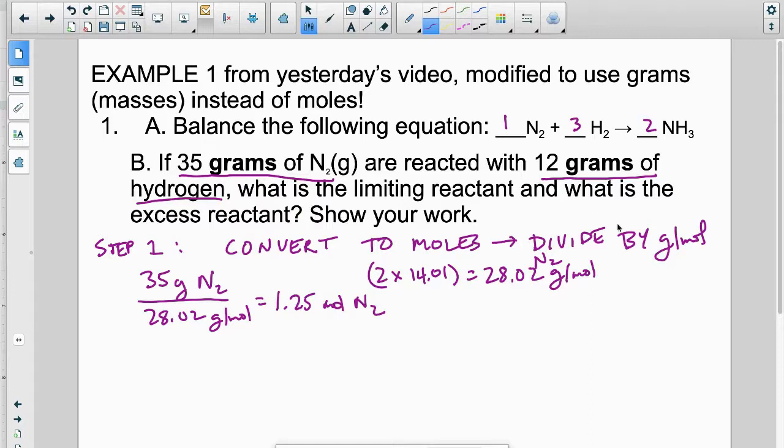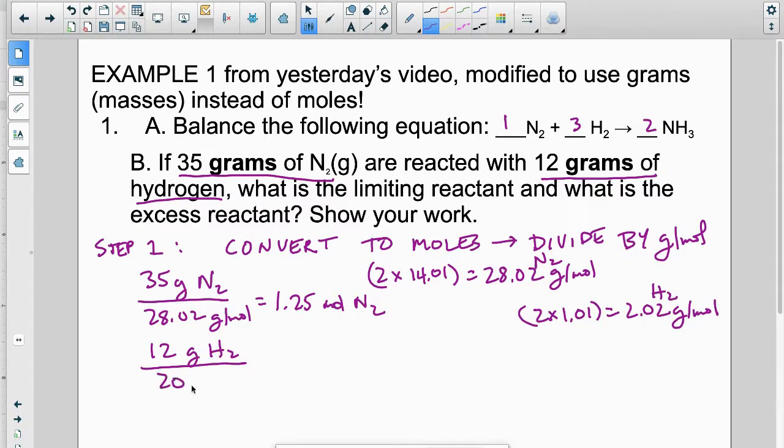Next thing is our 12 grams of hydrogen. We also have to convert that. Our molar mass for hydrogen is 2 times 1.01, which equals 2.02 grams per mole. That's our H2.